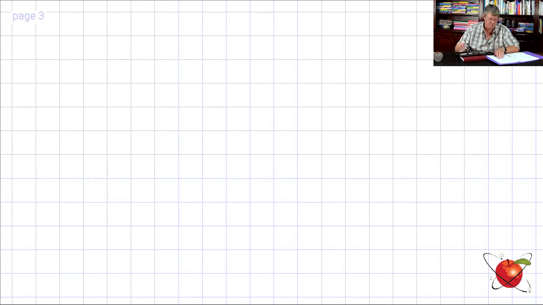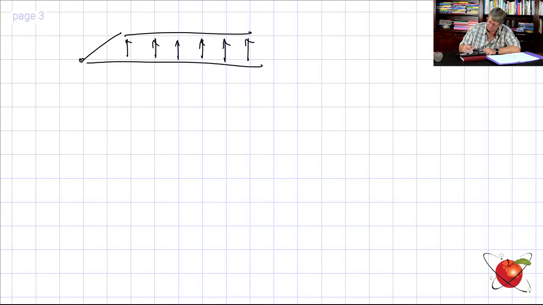I'm going to say, a standard annuity, we've got this. So I've got this situation here, and I've got 1, 2, 3, 4, 5, 6 payments. So therefore, N is equal to 6 payments.